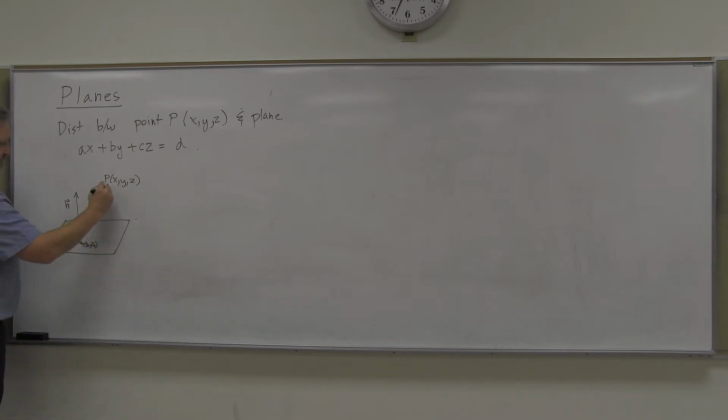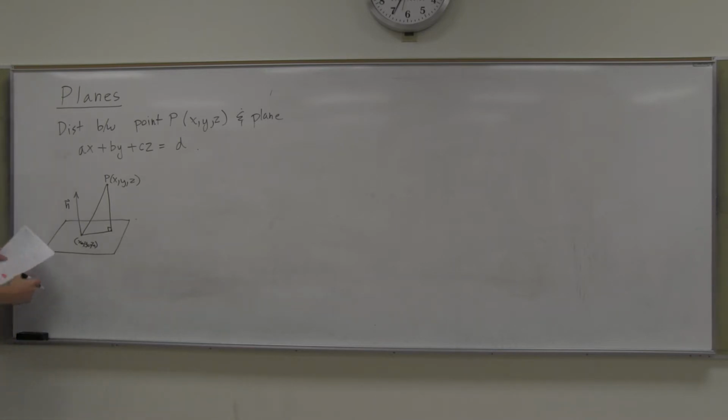But our shortest distance, like we said, is going to be, drop this down wherever it hits that plane at 90 degrees. Okay, let's take a look at this triangle right here. That's going to be our right triangle of note.